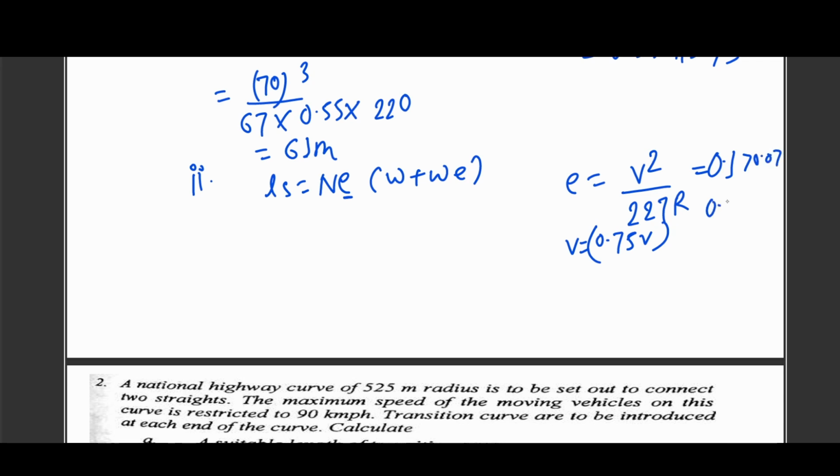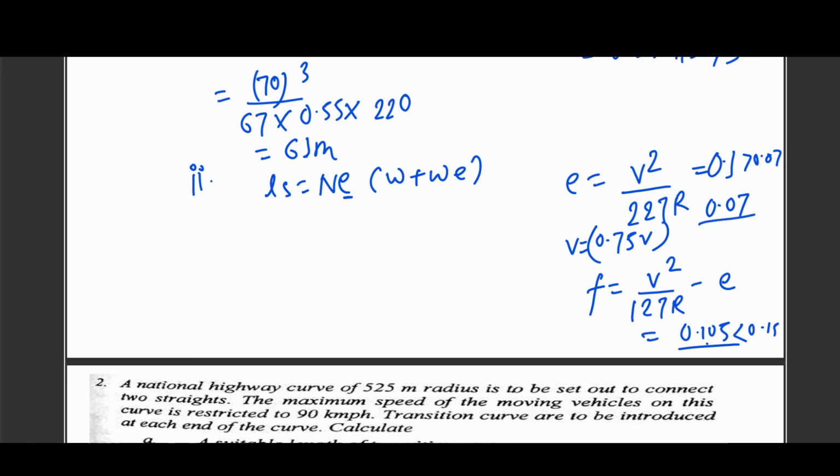So we need to provide super elevation at 0.07, and f equals V square by 127 R minus super elevation. For this we get f, and the value obtained is 0.105. So 0.105 is less than 0.15, so f is okay. So we will be providing e equals 0.07 and f equals 0.105.